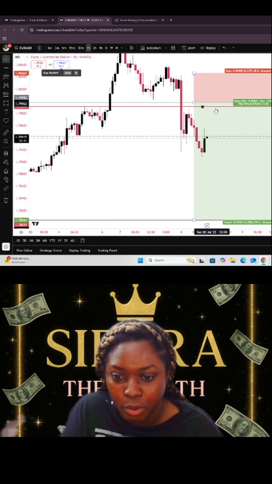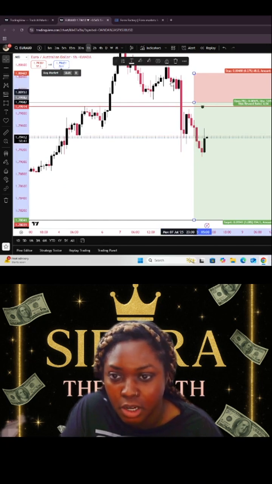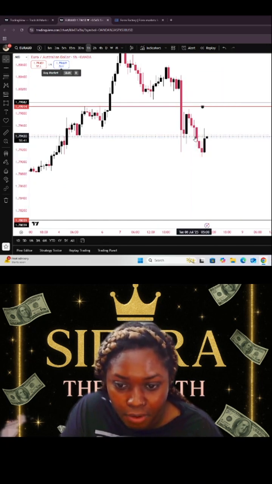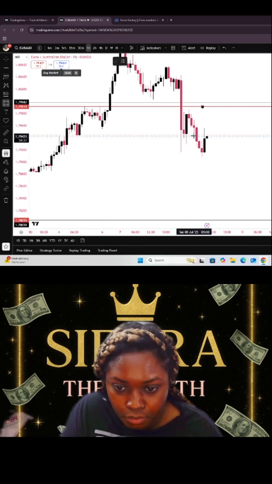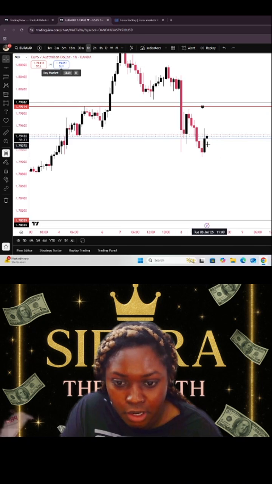Still would like for it to pull up here, but now I'm noticing that there is a fair value gap right here. All right, so it looks like we closed on top of it.